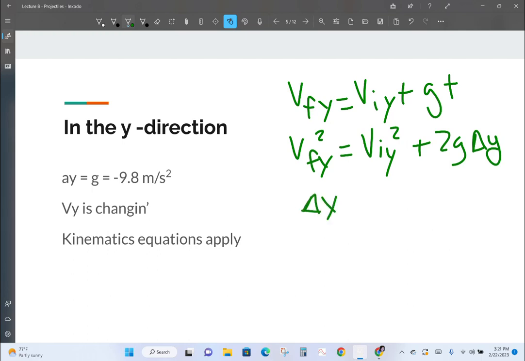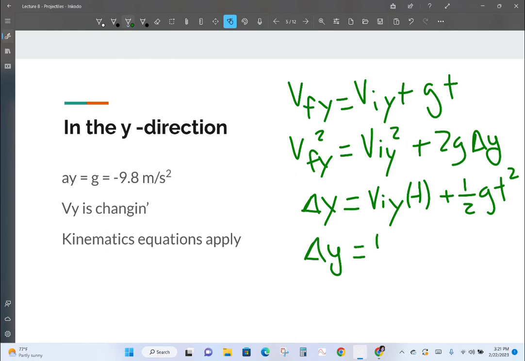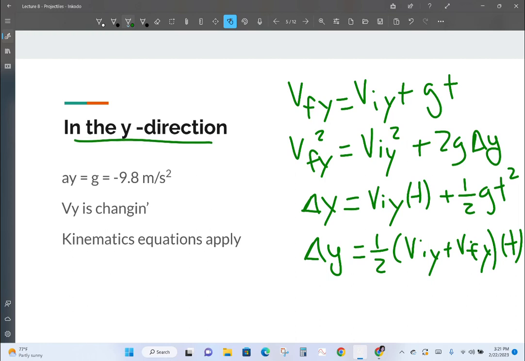The height that it achieves is equal to Viy times time plus 1/2 g t squared. And it's also equal to 1/2 of Viy plus Vfy times t. So these are just the equations, and we're talking about just the y direction of motion, the up-down direction of motion, not the horizontal.